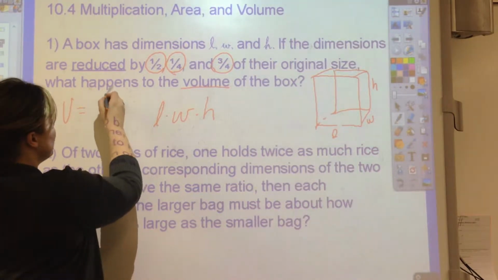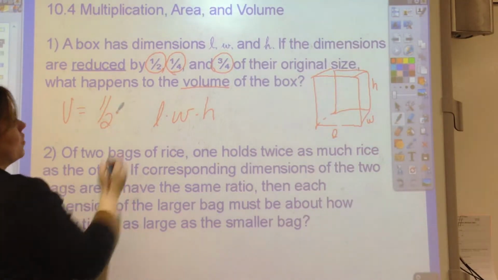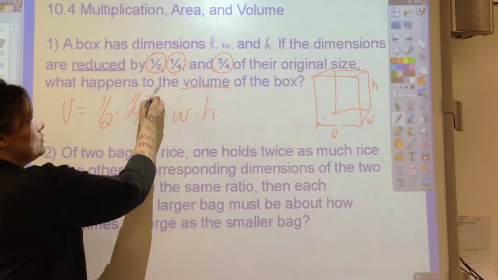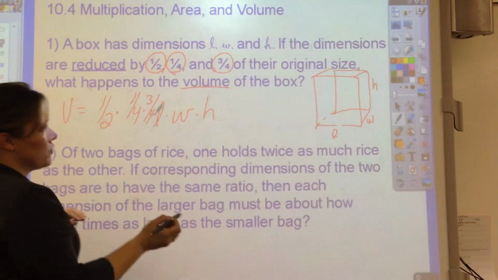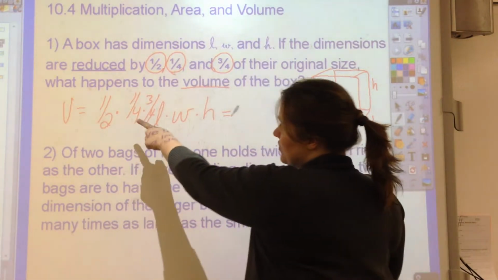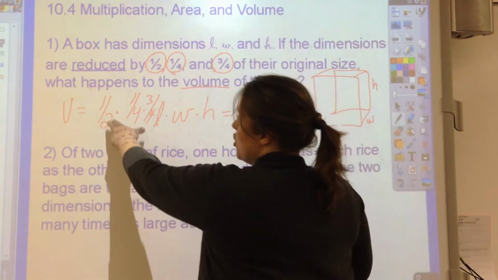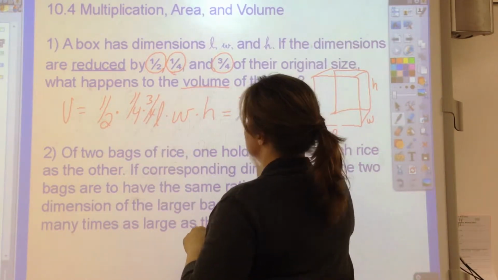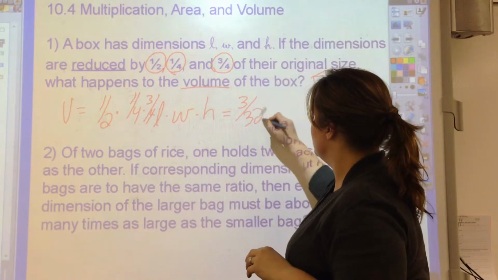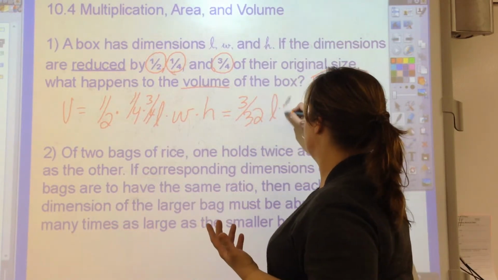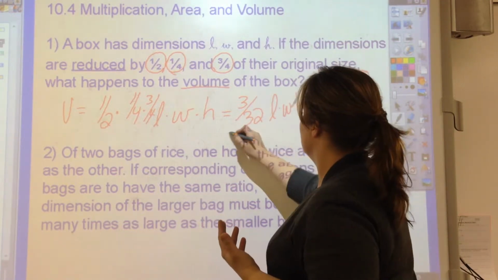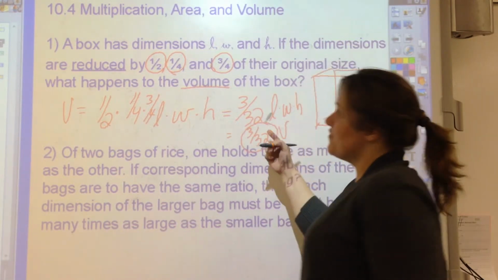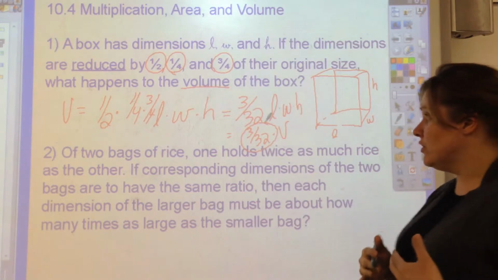Now I'm going to multiply one of them by 1/2, one of them by 1/4, and one of them by 3/4. That means my end volume is reduced by 1/2 times 1/4 times 3/4, which is 3/32, which would remain length, width, and height, which is 3/32 of the volume. So this is the factor that decreases my volume.